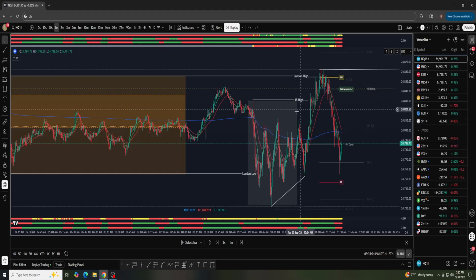I think there's a 72% chance that a high will be made before this low gets made, meaning the low is made in the first half of the day, so a high will get made after 12 p.m.